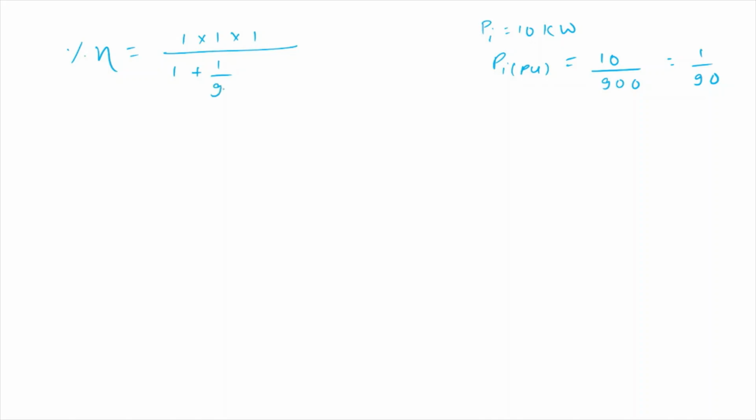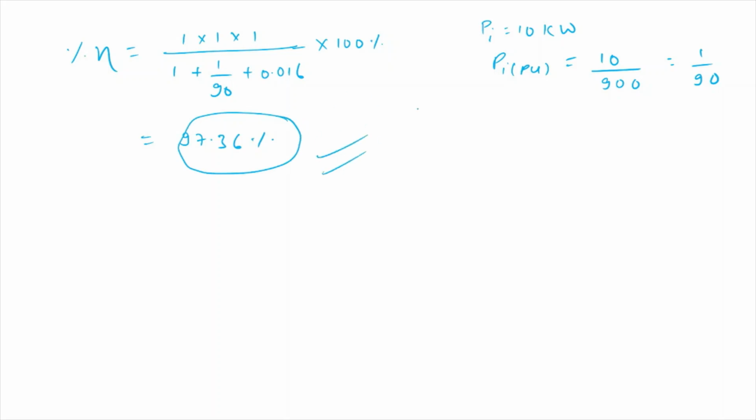Here Pi would be 1 by 90 plus copper loss would be 0.016 PU. Now, if you calculate it, then we will get 97.36 percentage. So this is the answer for the question.